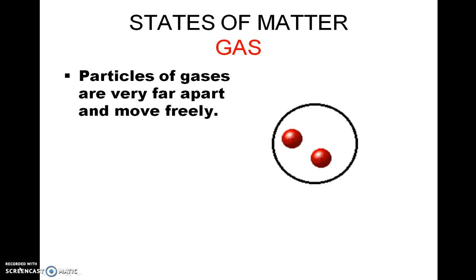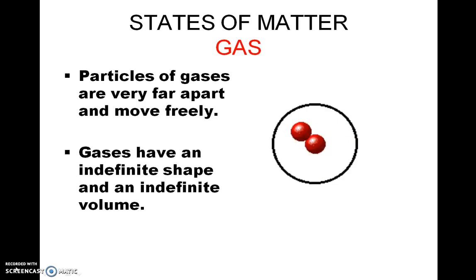Now, there are gases. Gas particles are very far apart and can move freely, which is why we cannot really see gas, because it moves so freely that our eyes cannot see it. Gases have indefinite shape and indefinite volume.